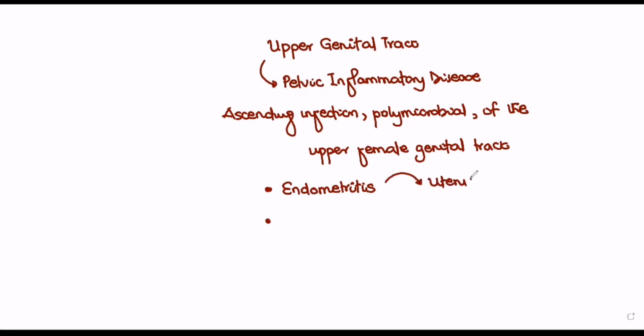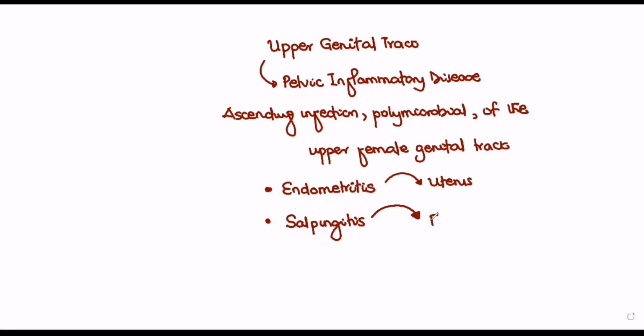So what PIDs can affect the fallopian tube? How would you call that? You call that what? Salpingitis, isn't it? And salpingitis is the most common form of PID. What did I say? Salpingitis is the most common PID.